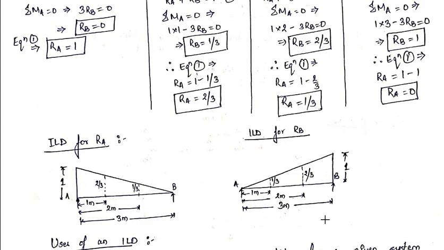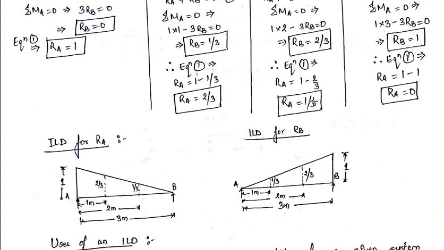Now let us plot the ILD for Rb. So when the unit load was at A support, the value of Rb came out to be 0. So plot this point here. For the second case, the value of Rb was 1 by 3. So at a distance of 1 meter, plot an ordinate at a height of 1 by 3.